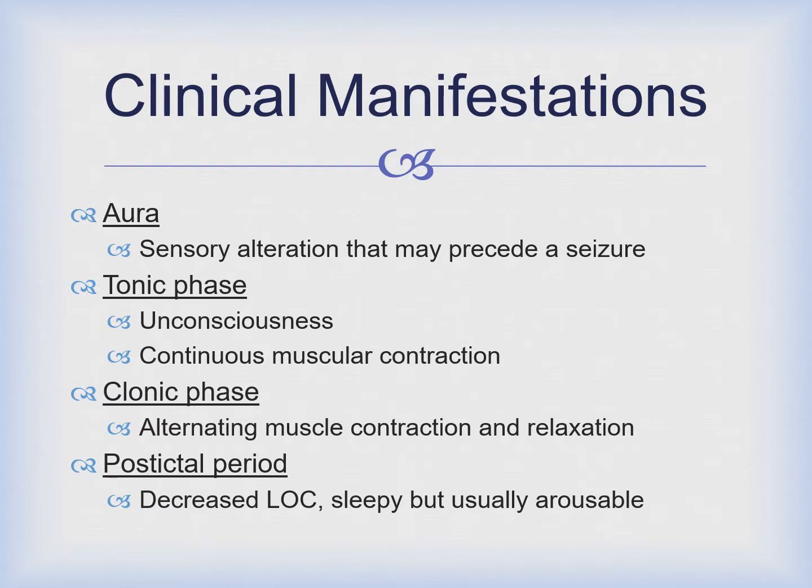Whenever the patient has a seizure, they may or may not experience an aura ahead of time. An aura would be a sensory alteration that precedes the seizure. For some people, they see floaters or spots in front of their eyes. Other people may have other visual changes. I had a patient one time tell me that she gets a metallic taste in her mouth before she would have a seizure.